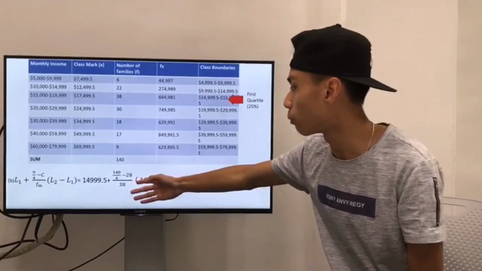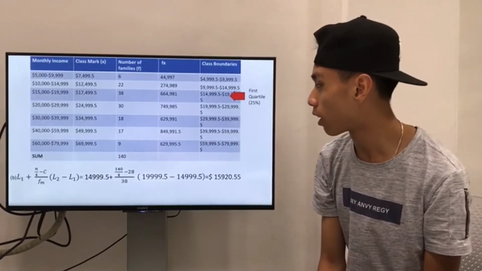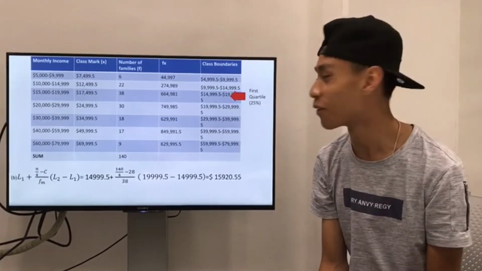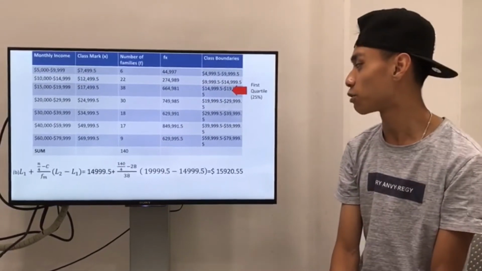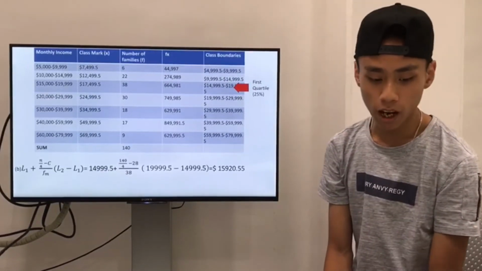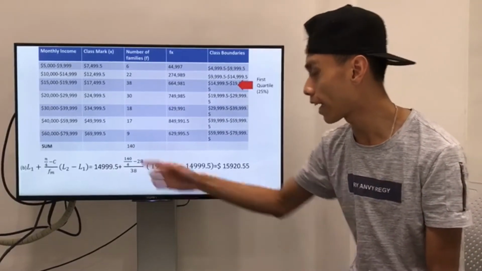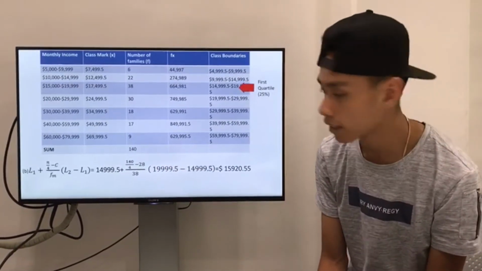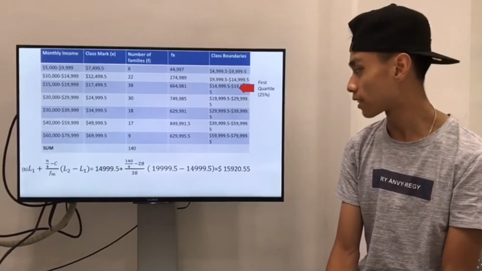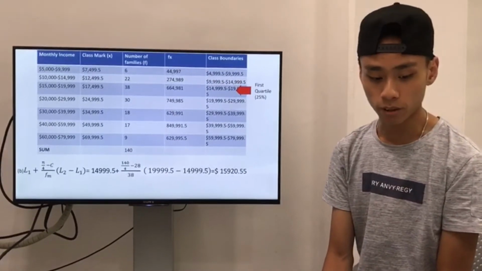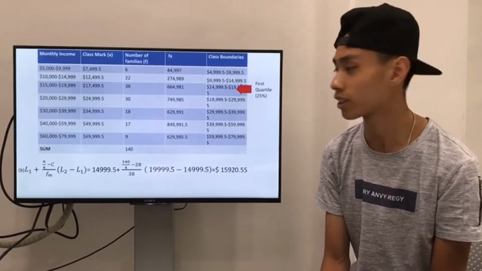Then we can use this formula: L1 plus (n over 4 minus c) over fm, times (L2 minus L1). L1 is the lower class boundary of the third class, n is the total frequency, c is the cumulative frequency before the third class, fm is the frequency of the third class, and L2 is the upper class boundary of the third class.